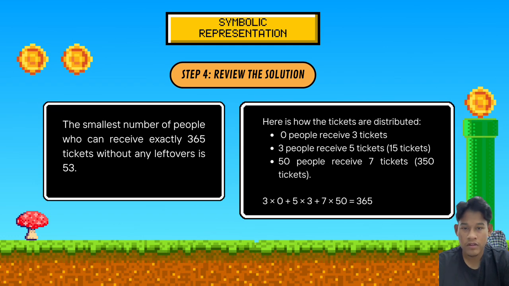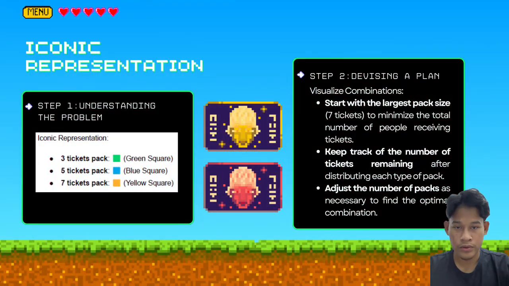And finally, 50 people receive 7 tickets, which is equal to 350 tickets. So we sum up the total of tickets and we got 365.